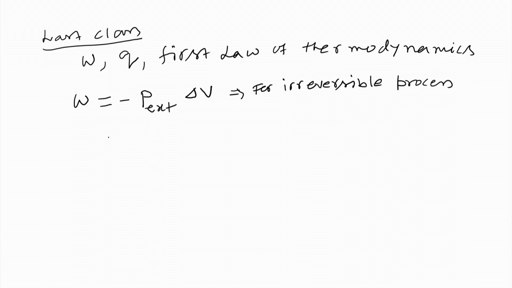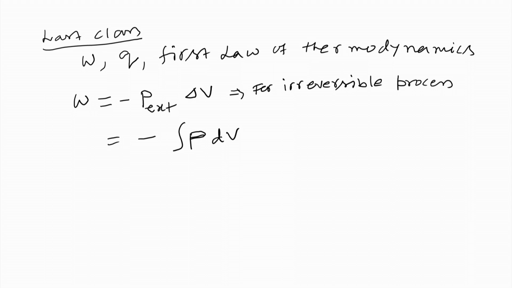And for reversible process, W is nothing but minus P dV. We can substitute the value of P depending on the type of gas.